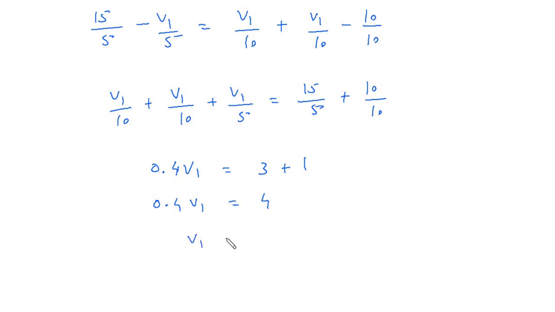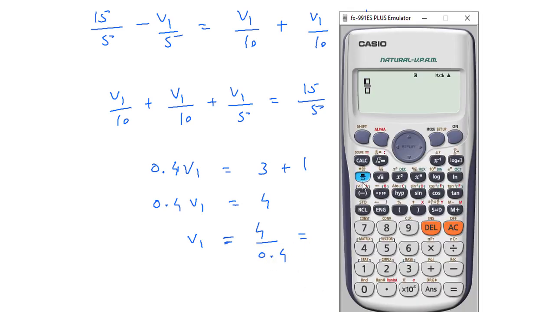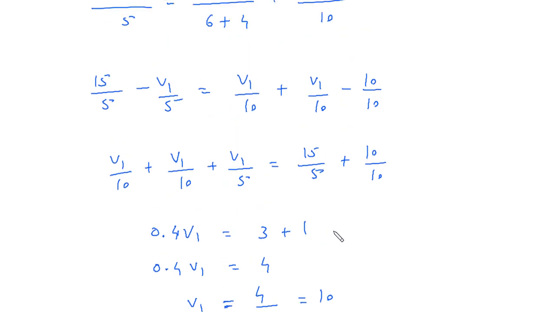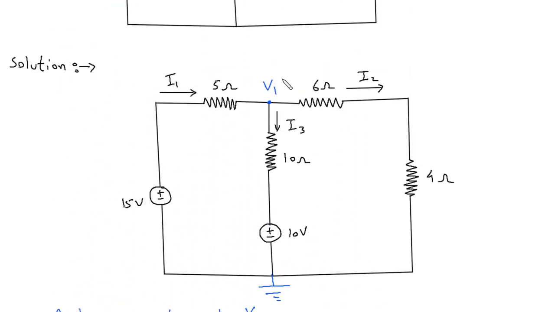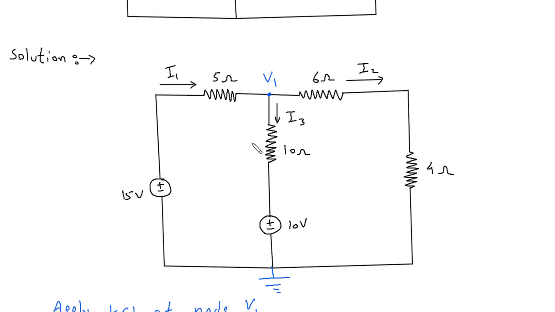Now V1 is equal to 4 upon 0.4. So 4 upon 0.4 is 10. So V1 is equal to 10. Now we can find I1, I2 and I3.